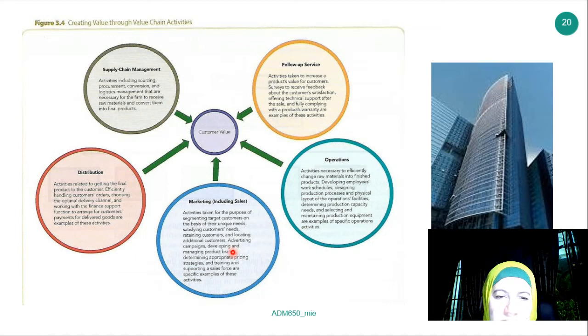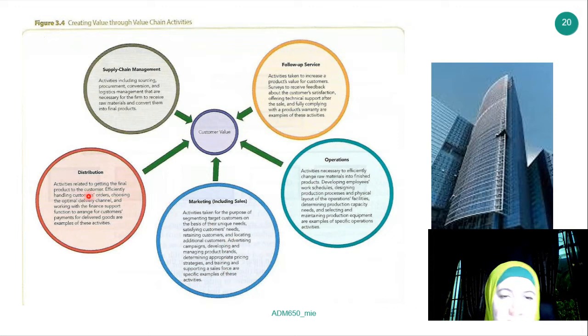Marketing, including sales, so that you can focus on customers' unique needs, satisfy their needs, and retain customers. Then the activities that involve things like advertising, brands, training, supporting the sales force, and so on and so forth.